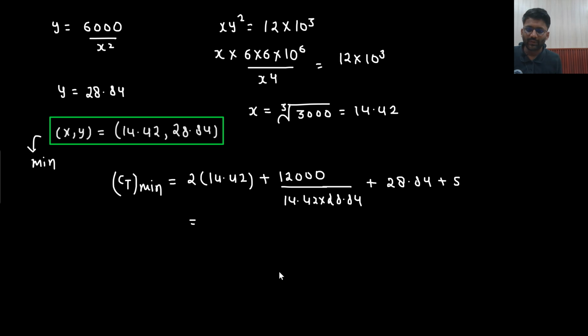So all these values we will put and we need to get the answer, which I haven't written, so I will have to do the calculation. 12,000 divided by 14.42 divided by 28.84 plus 5, 28.84.